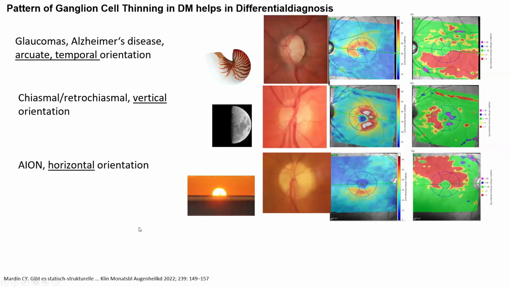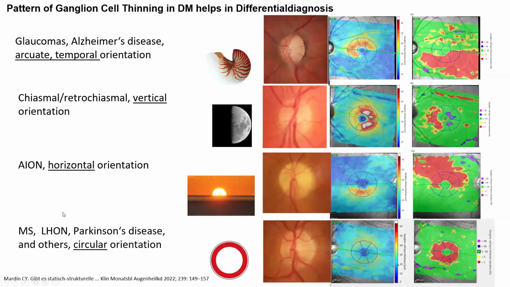When you have an anterior ischemic optic neuropathy, you may encounter a loss of perfusion in the upper or lower part of the optic disc, leading to a thinning of the ganglion cells in the upper or lower hemifield, resembling a sunset.